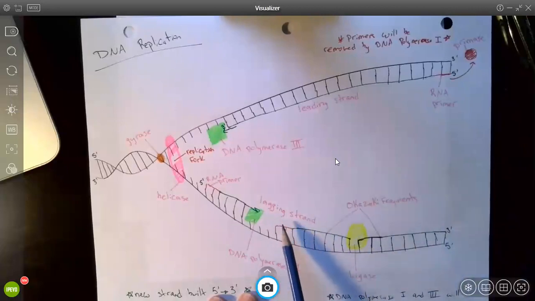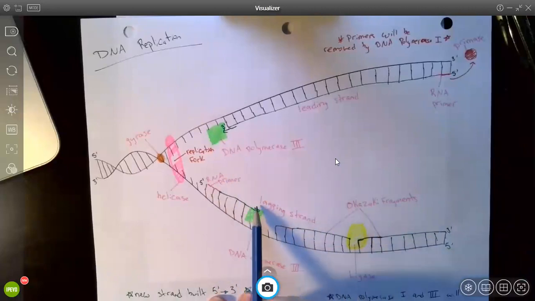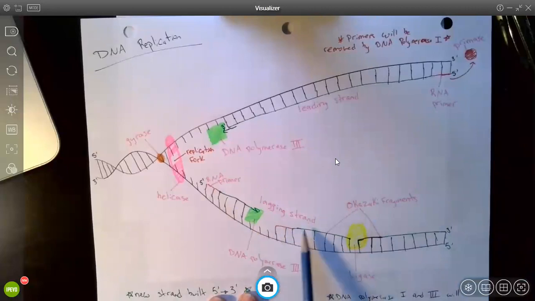It would latch onto this primer right here and again build towards the 3' direction. And then it would back up again and build in the 5' to 3' direction. That's why we get these little chunks of new DNA. Those are the Okazaki fragments.